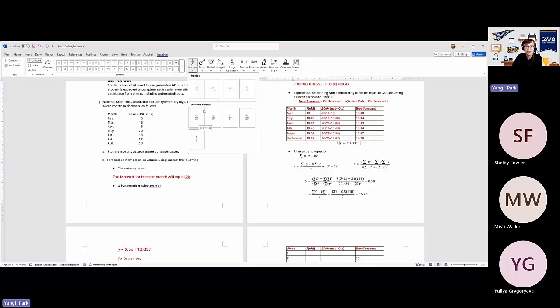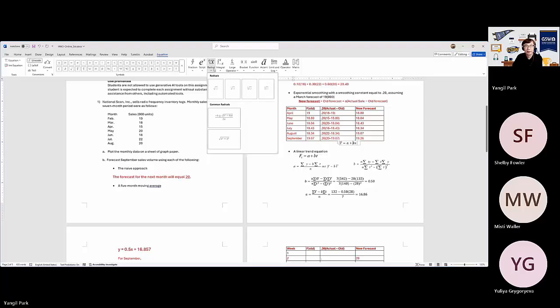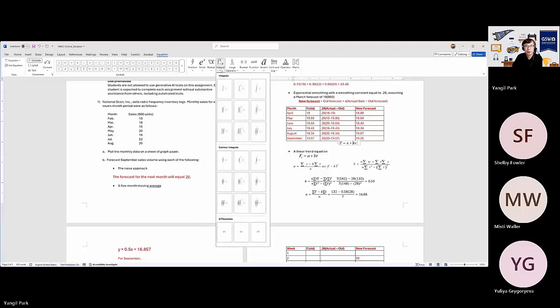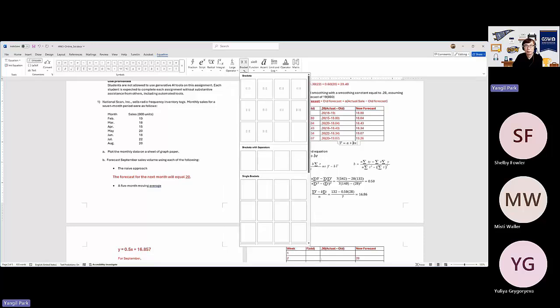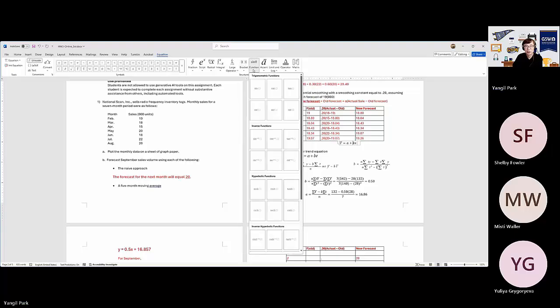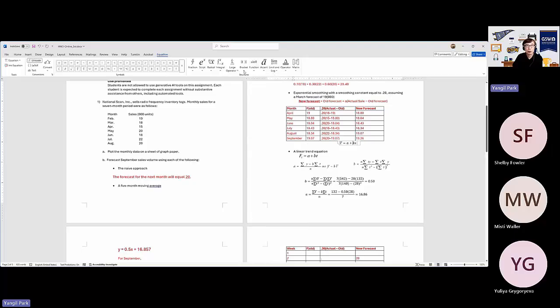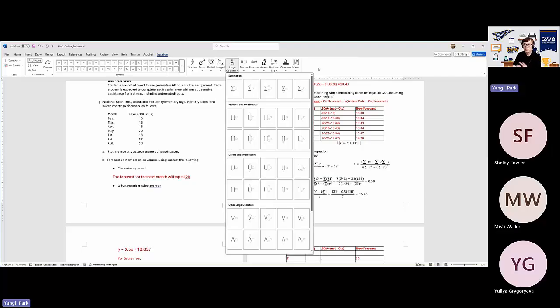So you can use this, or superscript or subscript can be used here, and integral, and this sigma, we can use it here. Large operator, bracket, not much. Function, I don't think we're going to use a lot, but probably later on. So you can use one of those different options to show special characters.